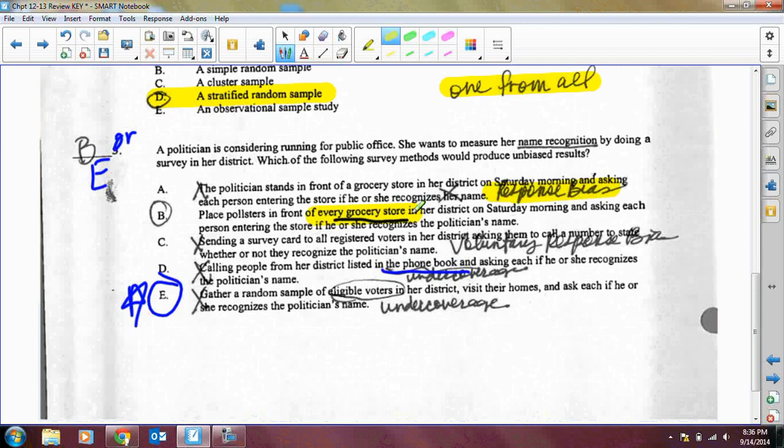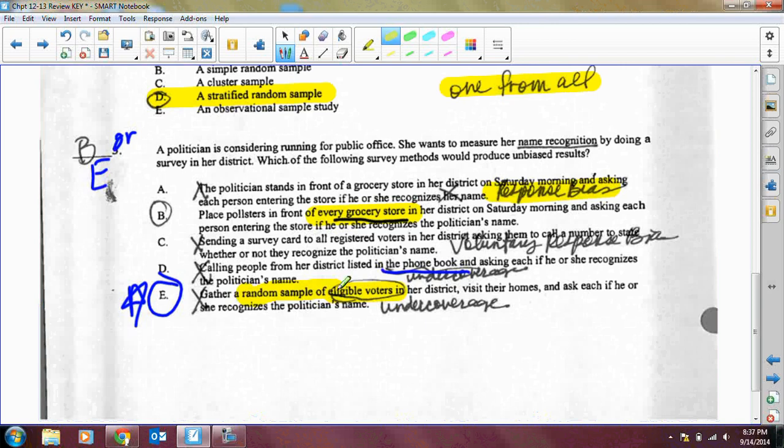But on E, if you gather a random sample of eligible voters in the district, that does sound quite a bit more like you're trying to get an appropriate sample. You want to make sure, though, that when you visit their homes and ask them, you do not have wording bias in the interviewing or in the wording of the question, making a response bias.